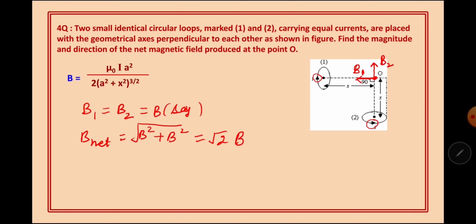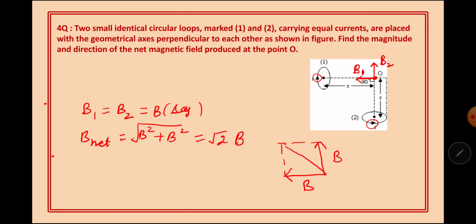Students, because this field is a vector quantity, I will also have to find the direction. And we know this point: whenever two vectors are perpendicular and their values are equal, the resultant will be exactly in the middle. So I can make use of this fact. I just complete this parallelogram.